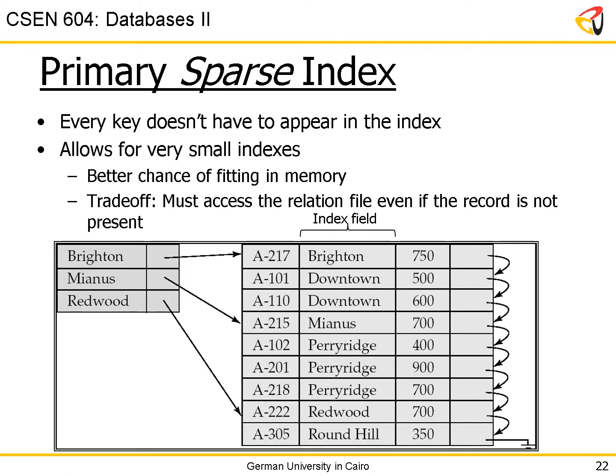The second type of a primary index is called a primary sparse index. Again, this is an index built on the column used to sort the relation. But in this case, we're not going to have one instance from every value that appears included in the index.